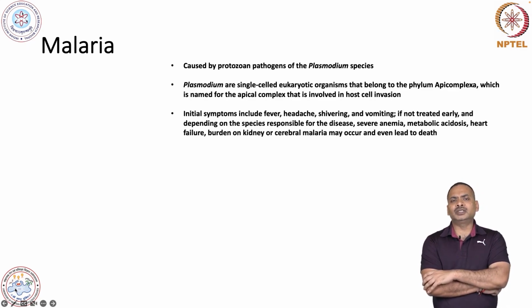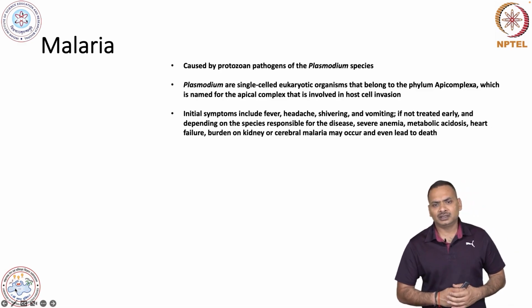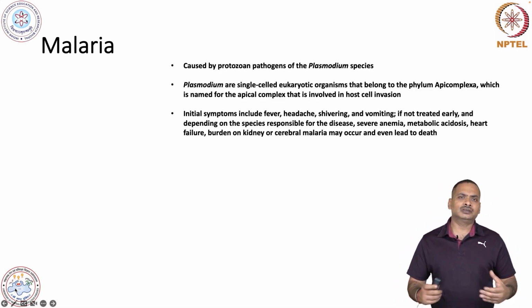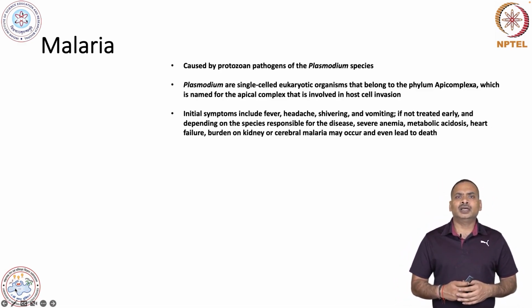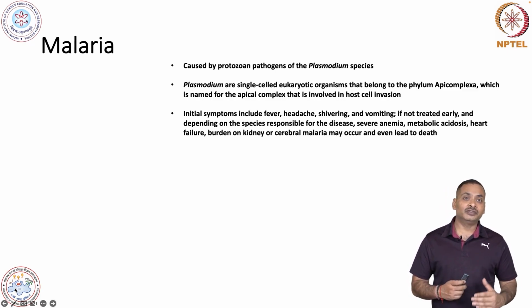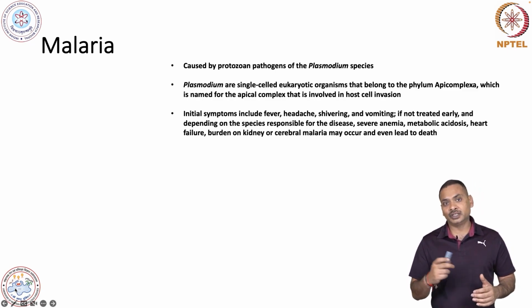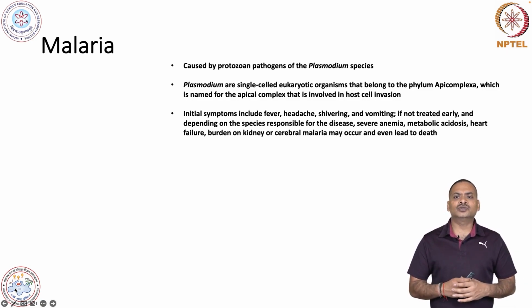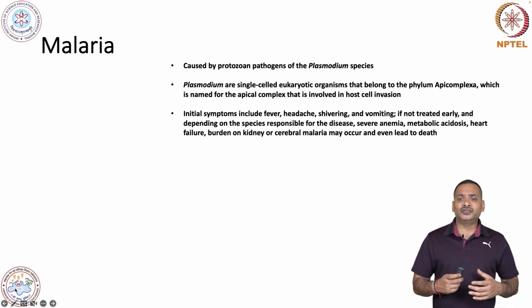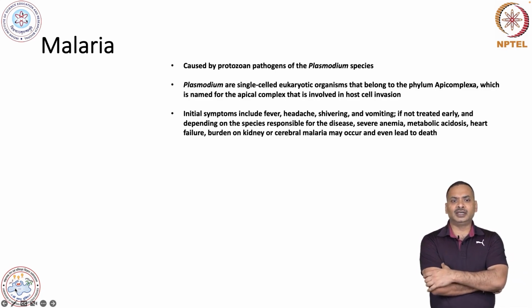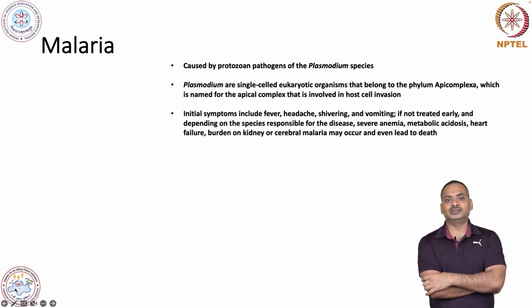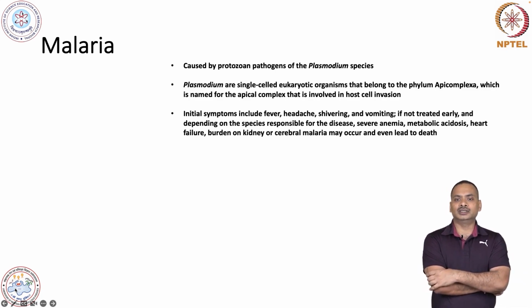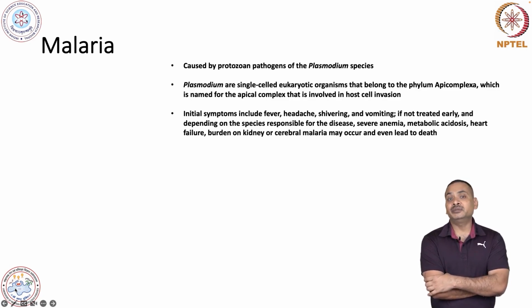The initial symptoms of malaria cover a quite wide range, and include fever. The fever is very high, and it is a periodic fever. Headache, shivering, vomiting. If not treated early, and depending on the species responsible, severe anemia can happen.